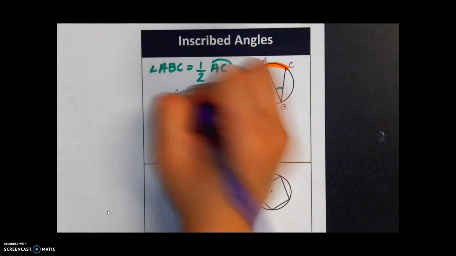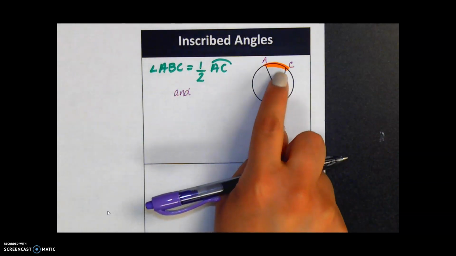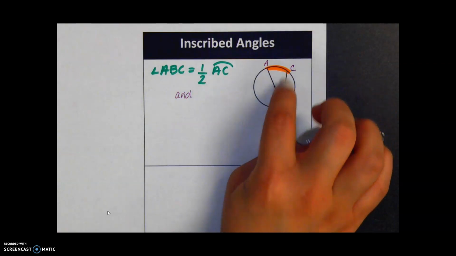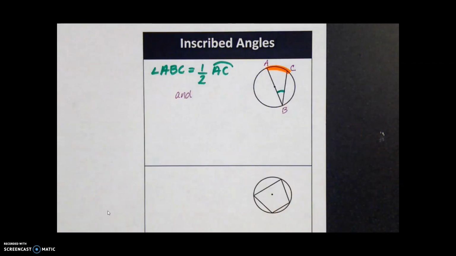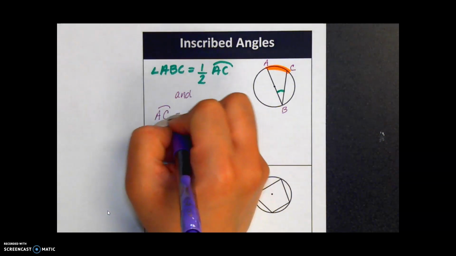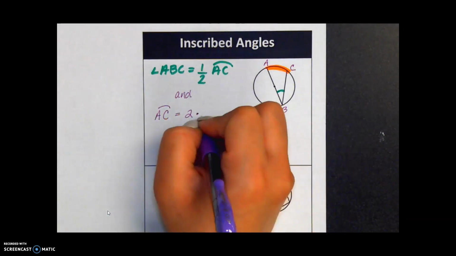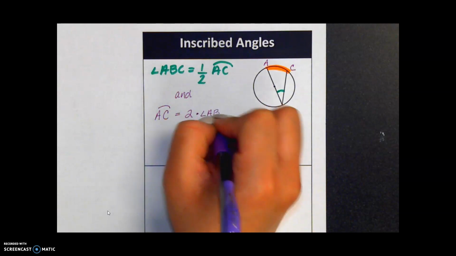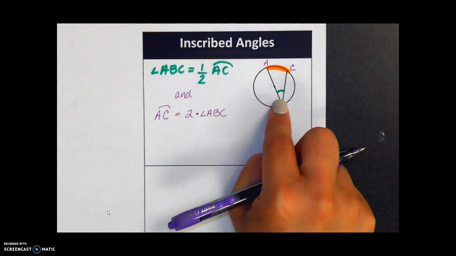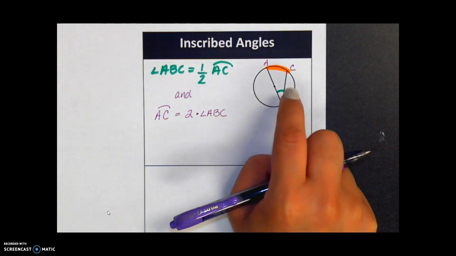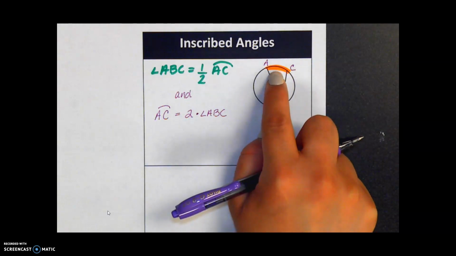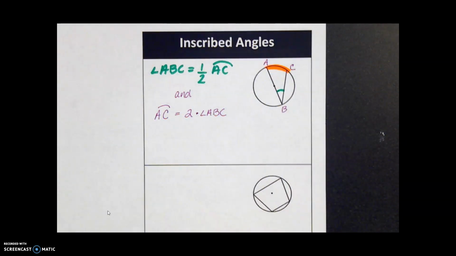And if I want to figure out how big the arc is, then it's going to be 2 times the size of that inscribed angle. So arc AC is going to be 2 times the angle ABC. So if AC is 100, this inscribed angle is 50. If this inscribed angle is 20, AC would be 40 because it's 2 times the size.